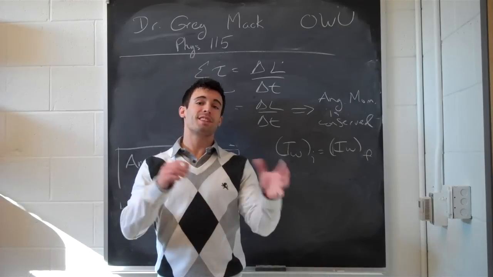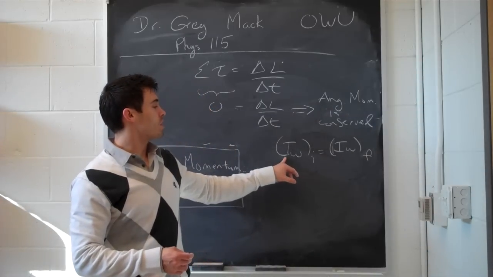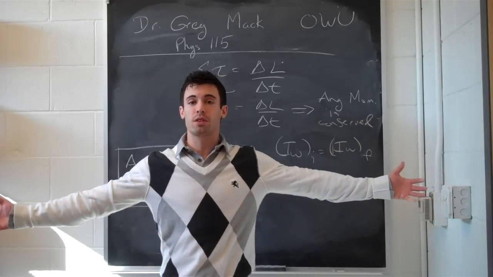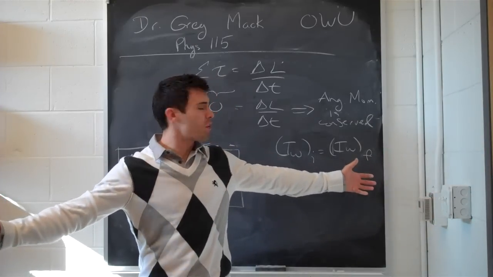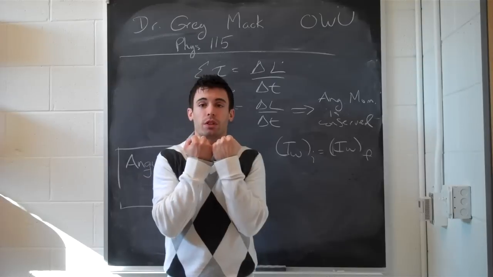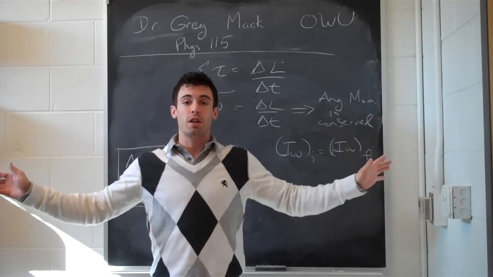So this is the classic ice skater example, where if you have a situation where someone is spread out, their moment of inertia is larger than if they're constrained like this, because R is smaller here than it is here.